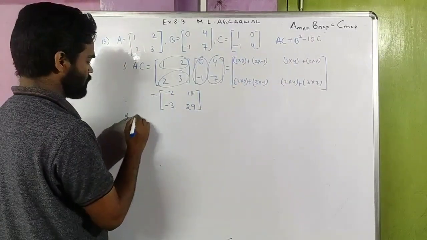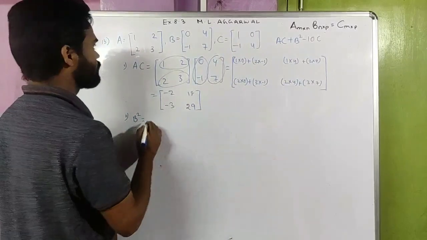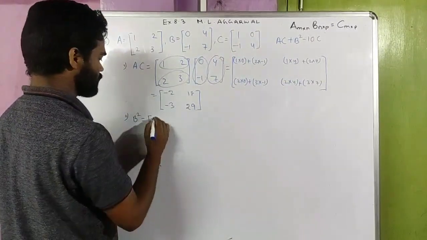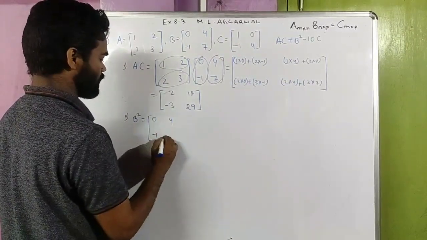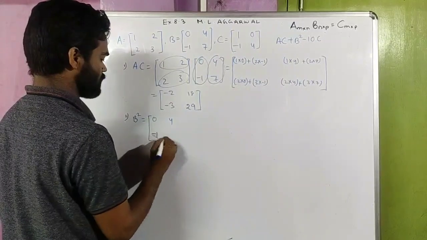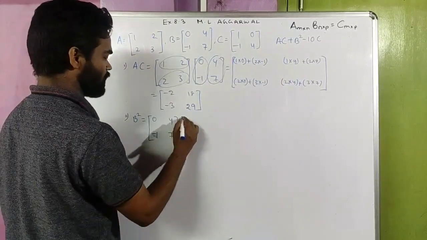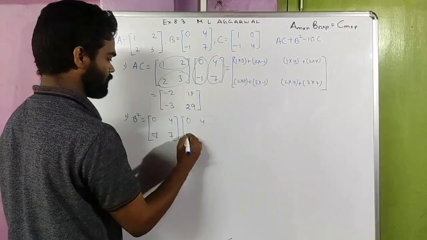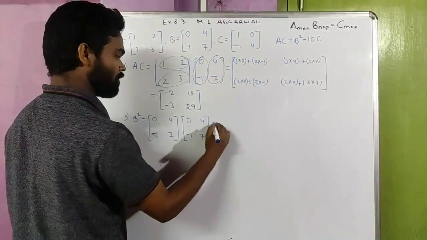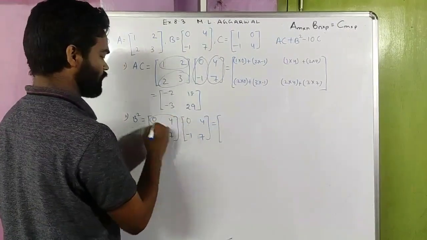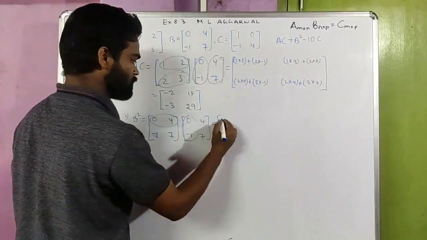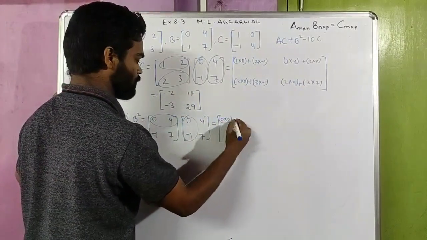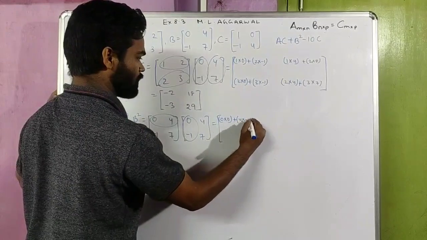Just now we did. B square means B into B. So that's 0, 4, minus 1 and 7 multiplied by the same. Don't square it, okay? Now we know how to multiply. First row, first column again. 0 into 0 plus 4 into minus 1.